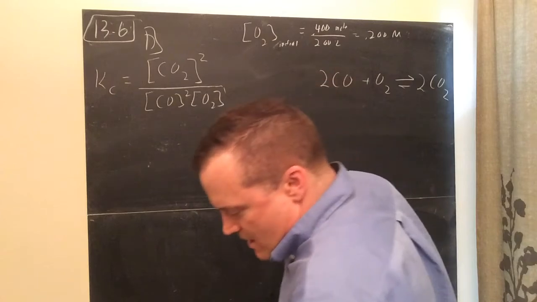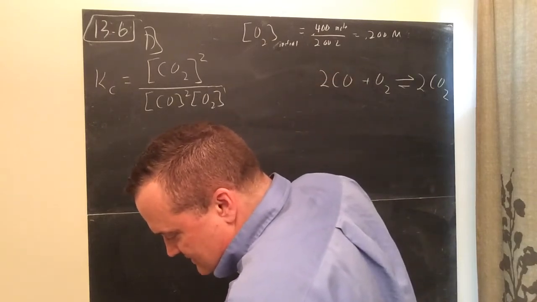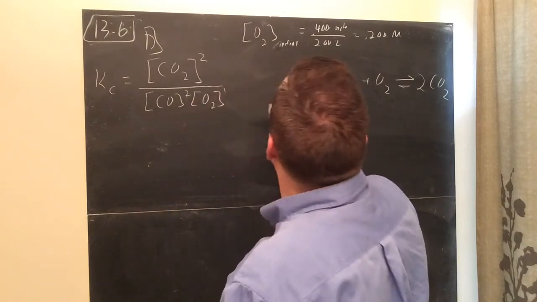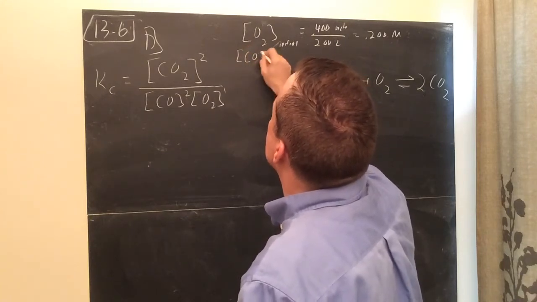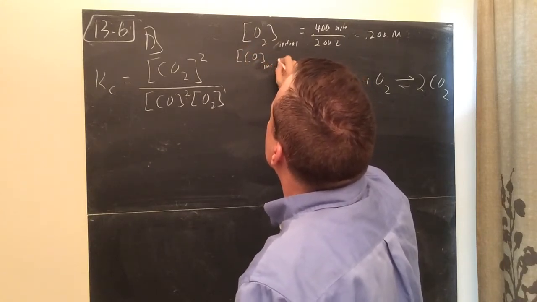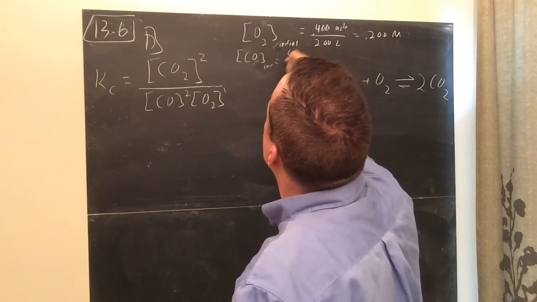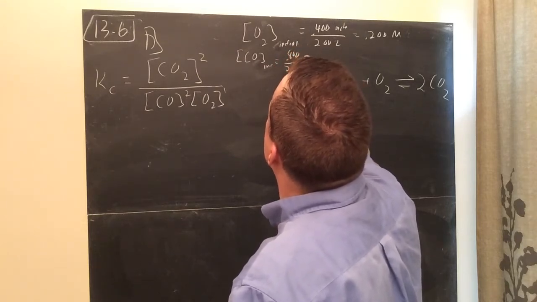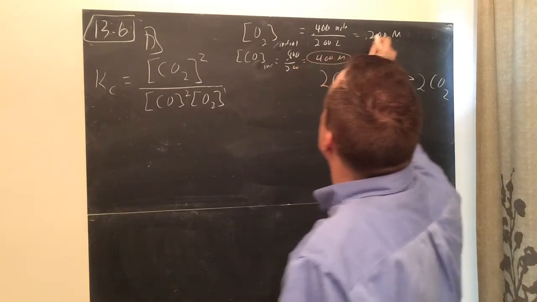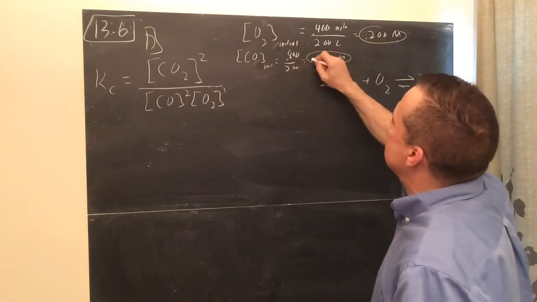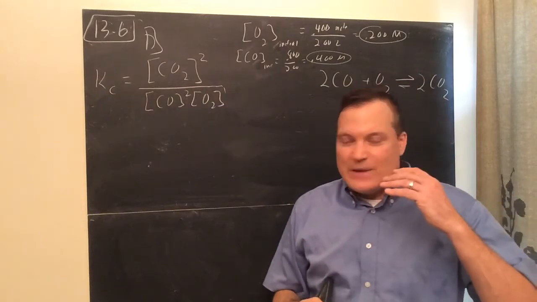And it also says 0.800 moles of CO. Your CO initial is going to be 0.800 over 2.00, which is 0.400 molar. So 0.400, 0.200.